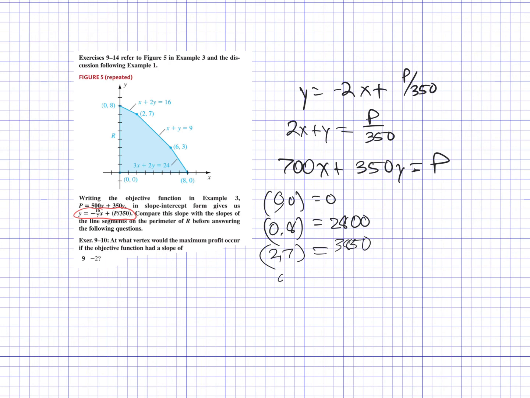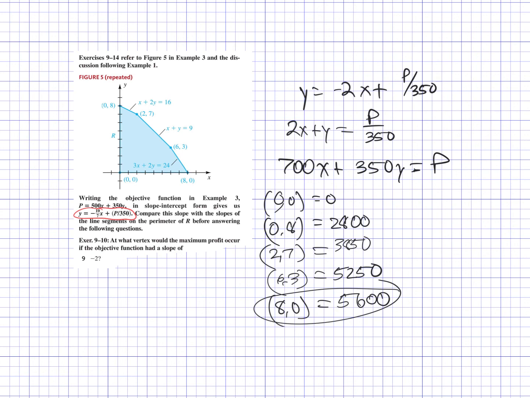And then we do 6, 3. So 700 times 6 is 4,200, and 3 times 350, that's going to give us 5,250. And then we do 8, 0. So 700 times 8 is 5,600. All right, so the maximum value when your slope is negative 2 is going to be at 8, 0.